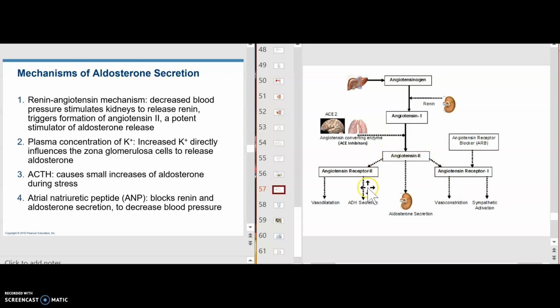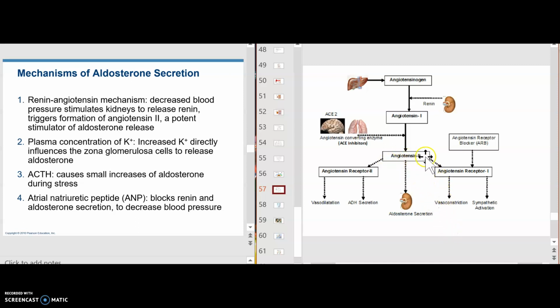Angiotensin 2 can also cause ADH secretion. ADH, if you recall, comes from the posterior pituitary. Now, an angiotensin 2 receptor, if it lies on that, and some areas do have those, can cause some degree of vasodilation, but primarily angiotensin 2 is a vasoconstrictor.